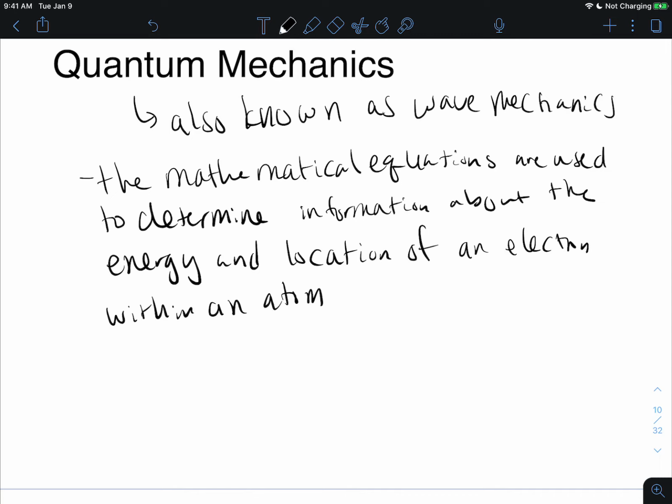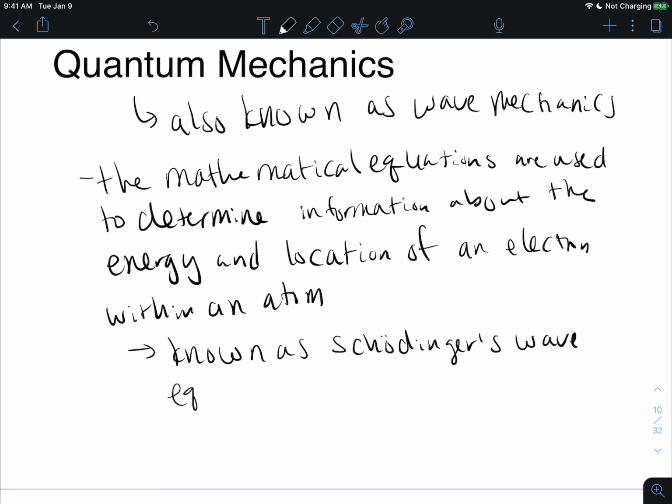Okay, the equations themselves are known as Schrodinger's wave equations. And the symbol psi is used to describe the electron.